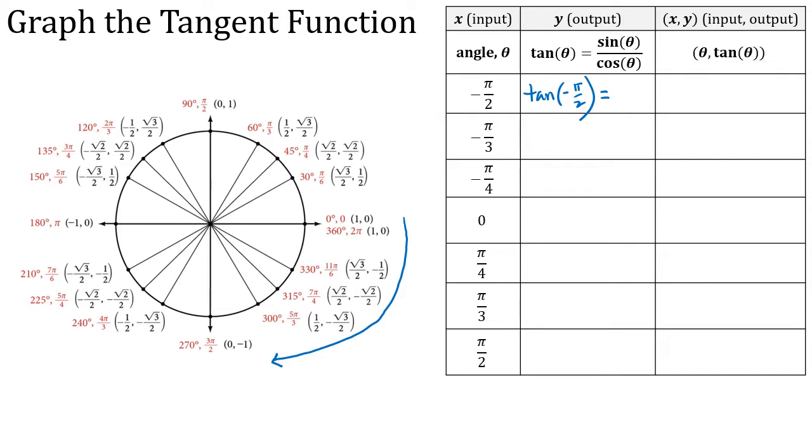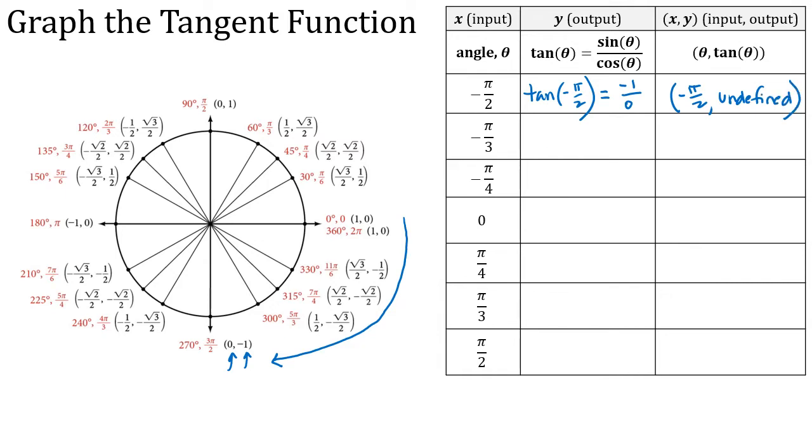Well, the sine of negative pi over 2 is negative 1, and the cosine is 0. And negative 1 divided by 0 is undefined. So that gives us the ordered pair negative pi over 2 with an undefined output.